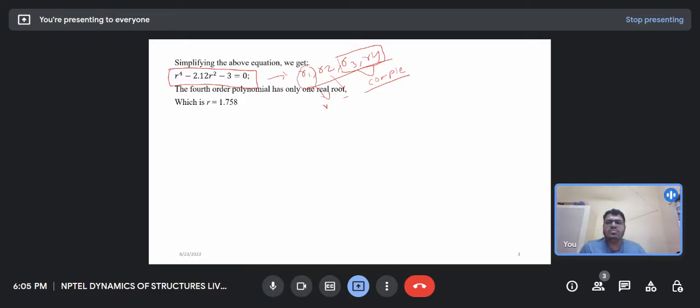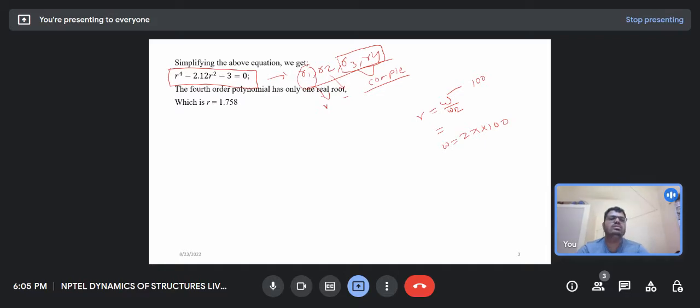If r is equal to 1.758, what is r? r is omega divided by omega n. Omega is given as 100 hertz. Can you convert it to radian per second? That will be 2 pi into 100.